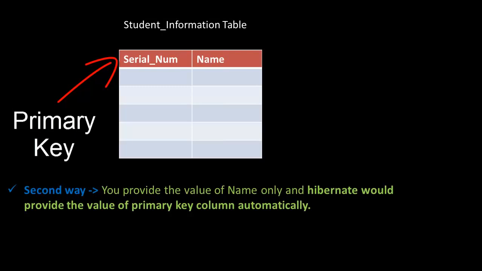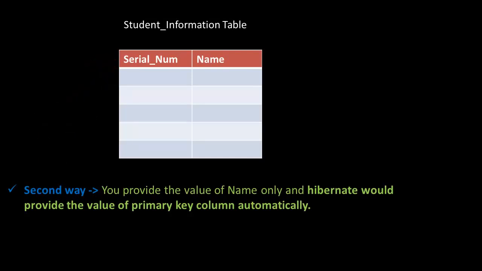And for every new row insertion into the database table, you would just want to increment the value of the serial number column by 1 and provide it as the primary key value for the table. So for all such cases, you may not want to provide the primary key yourself in the program and want Hibernate to generate a unique number that is the primary key for every row insertion into the database table.